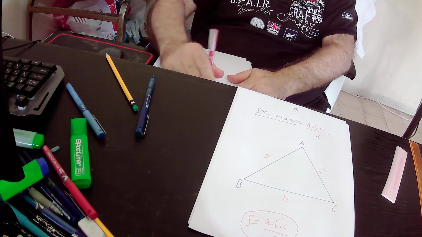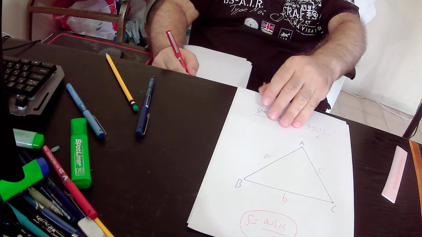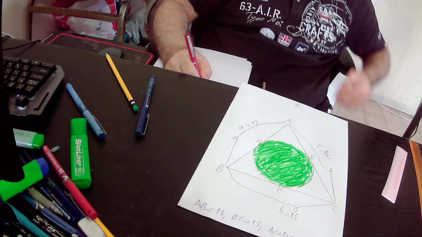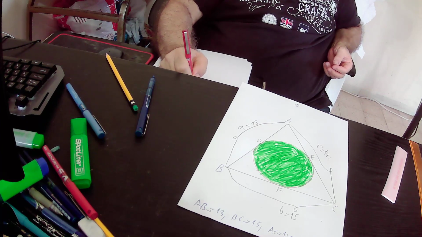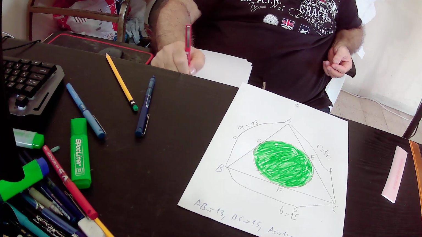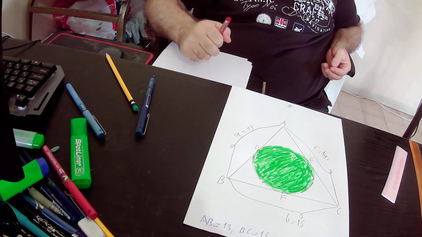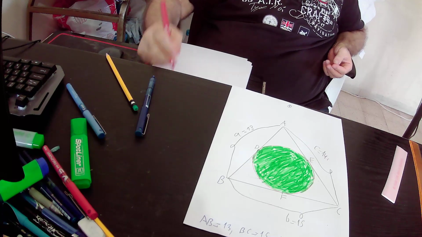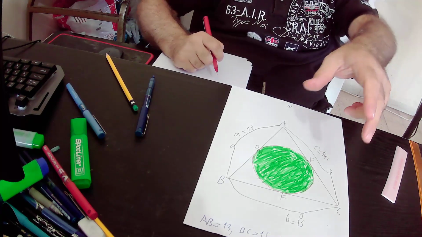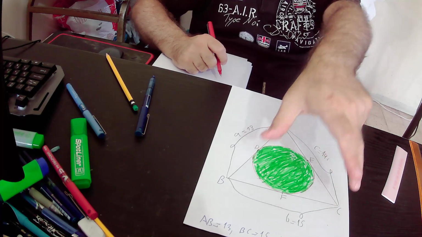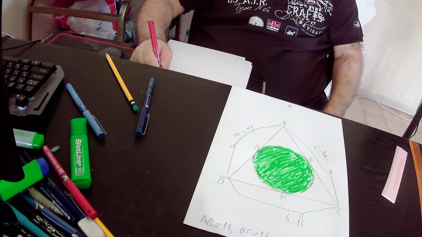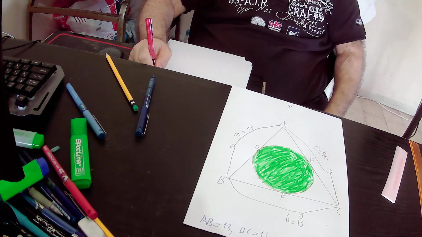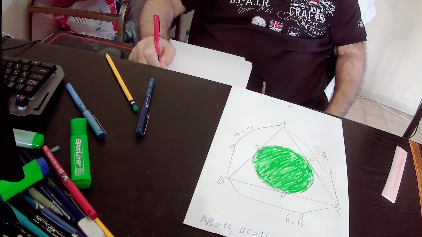So we actually know that s equals a plus b plus c over 2, and we know that a equals 13 units, b equals 15 units, and c equals 14 units, over 2.